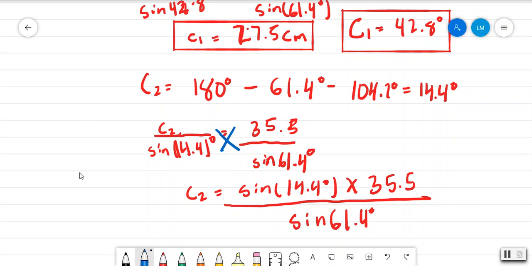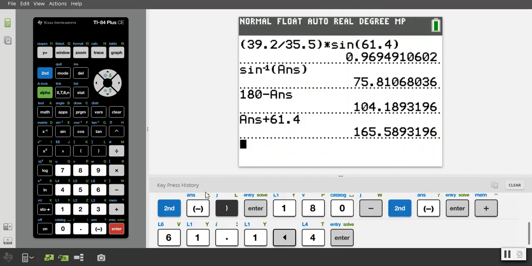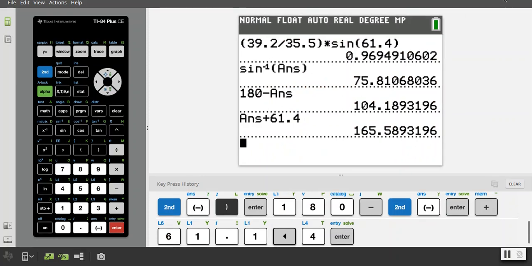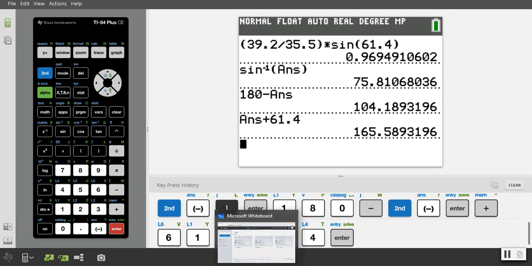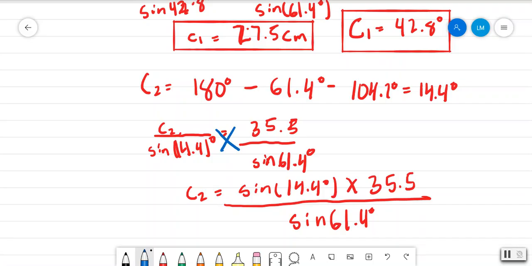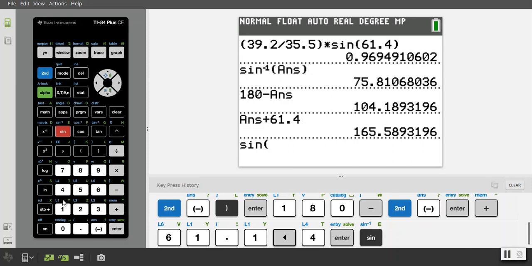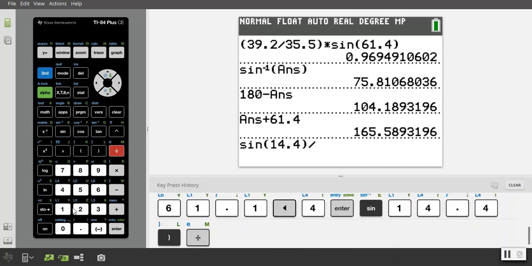Okay, so we need to just find the small c2. So accordingly, what did we say? Sine of 14.4 divided by sine of 61.4.